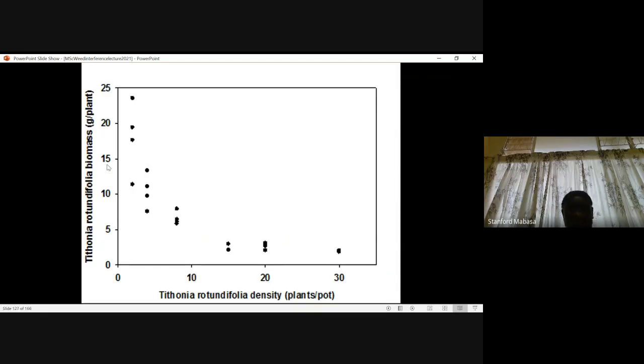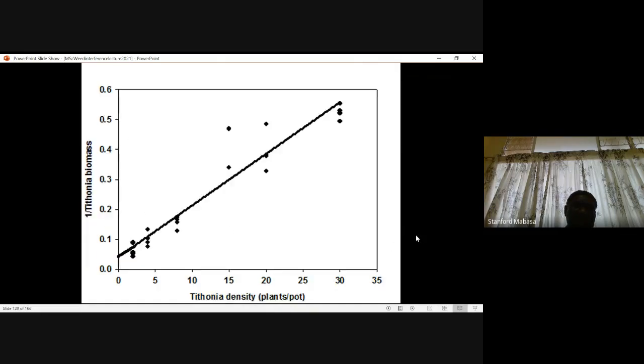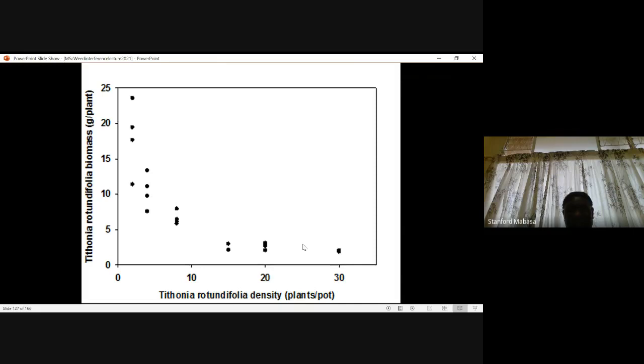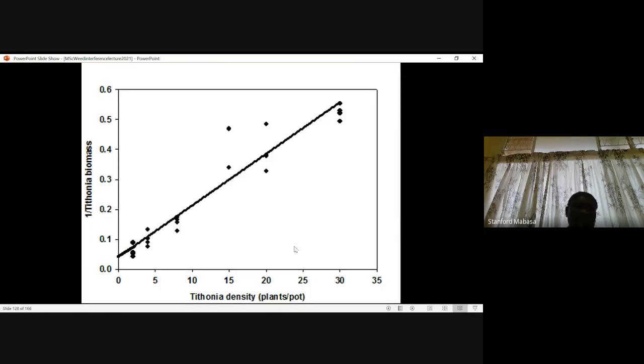Now, when they took the individual plant weights, as they increased the density, you can see this sort of a curve. And when they plotted the reciprocal weights, you can see they transformed this curve into a straight line. So this is a characteristic feature of competition.